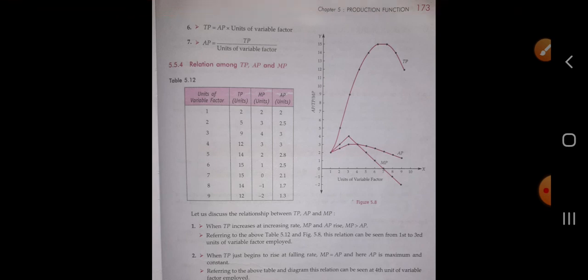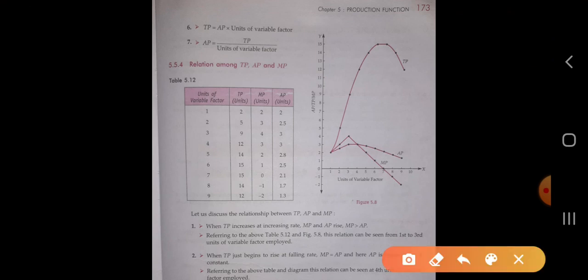Next is when TP becomes maximum and constant, MP will be 0 and AP will fall. Here AP is greater than the MP. When TP starts to decline, MP becomes negative and AP falls, but here MP is less than AP. So it's all about the relation between the total product, marginal product and the average product.